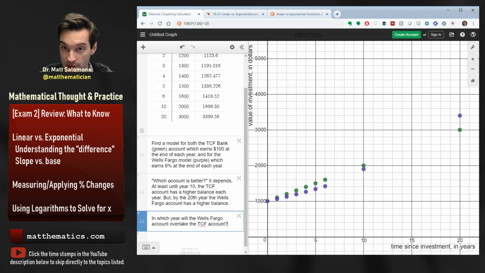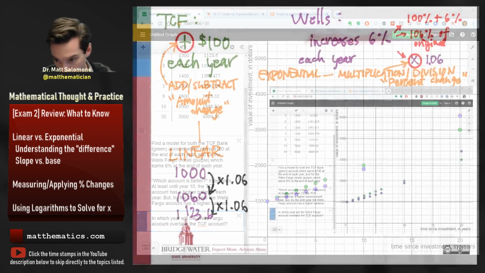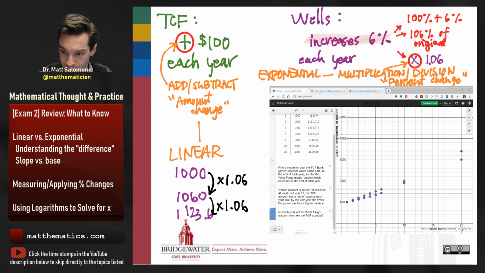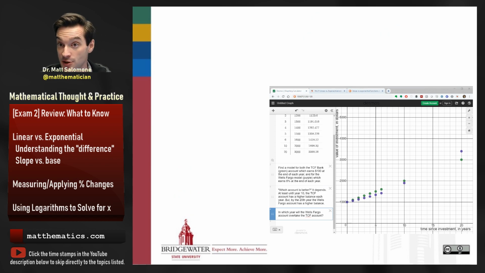So let's go to that part of the problem next, because this is going to give us the occasion to really think, again, critically about the difference between exponential and linear behavior, and the difference between a slope and a base. So let's start with that TCF account. This is the account that adds $100 every year.